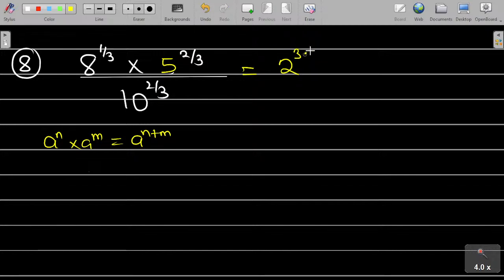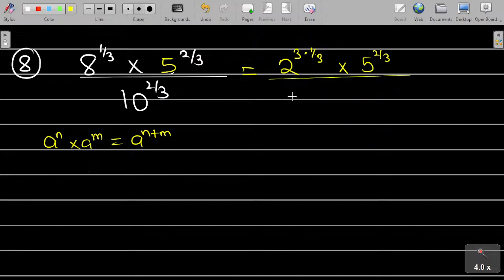So this power will now multiply 1 over 3. Ensure you write that as multiplication of powers. So this is multiplied by 1 over 3, then times 2 raised to the power of 2 over 3, 5 to the power of 2 over 3, you leave it that way.